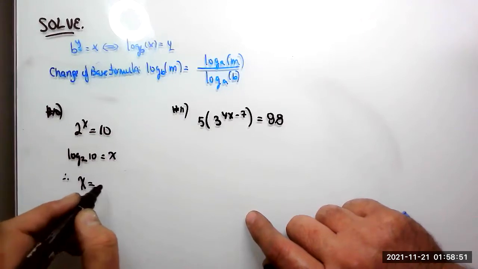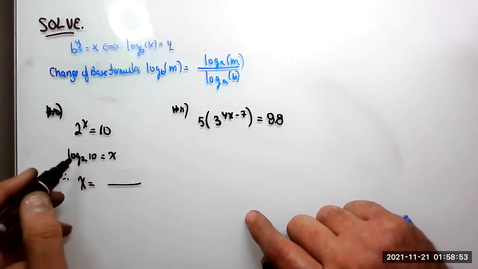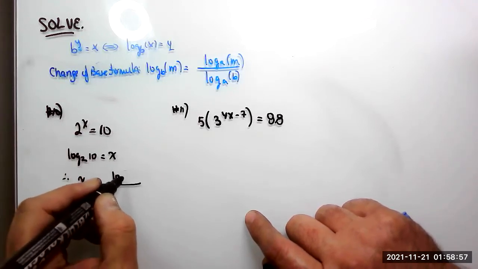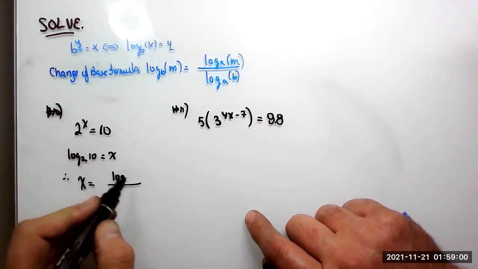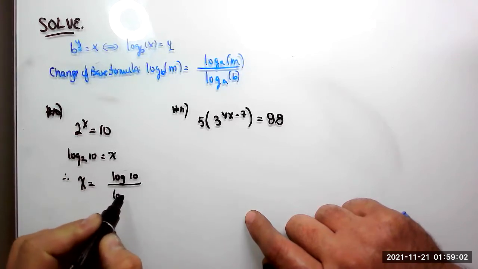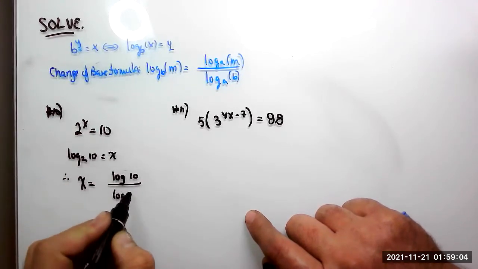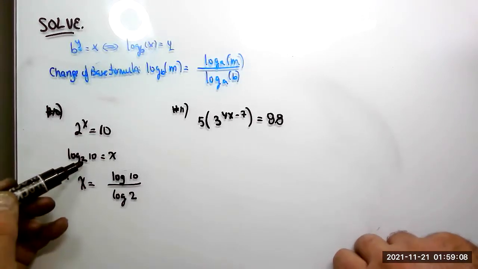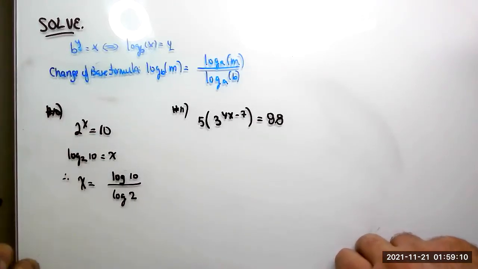Therefore, x equals... my calculator cannot do log base 2, so I have to change the base. We just simply do log of 10 divided by log of the old base, which is 2. Notice, folks, that we went here from base 2 to base 10.